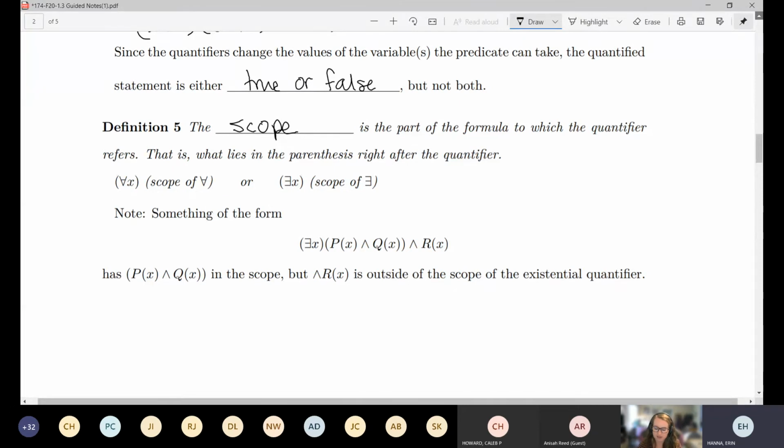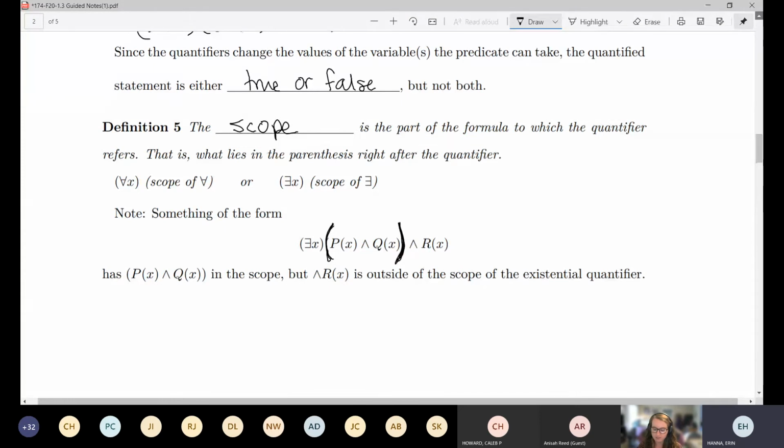Now note, if we had something like there exists an x such that p of x and q of x, and r of x, notice that the parentheses after the exists end right there. So the p of x and q of x is in the scope, but that extra and r of x is outside of the scope of the existential quantifier.